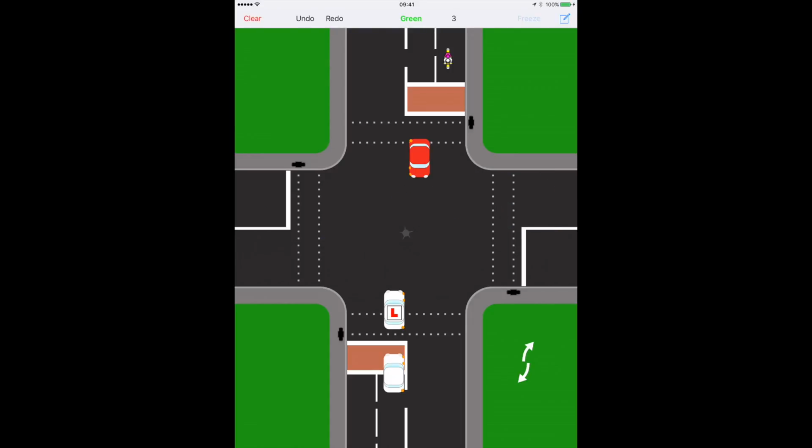If the red car continues further down and moves down here, the easiest way to get to this road is to do that. So you copy or mirror image the car from the opposite direction, and that's how we tell whether to turn offside to offside or nearside to nearside.